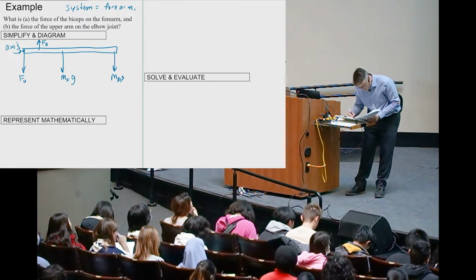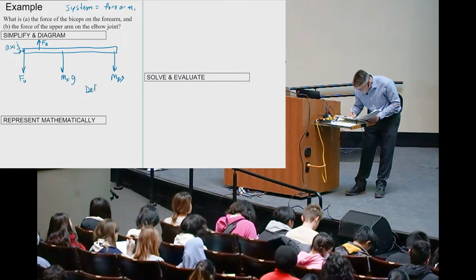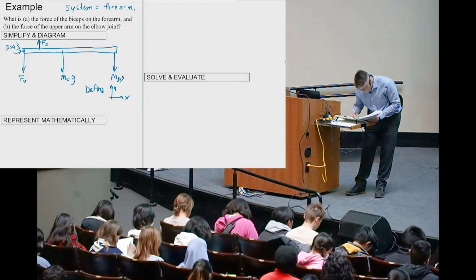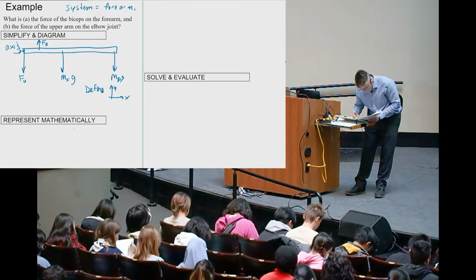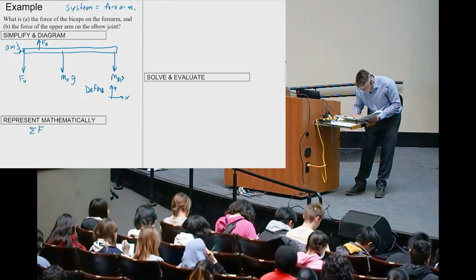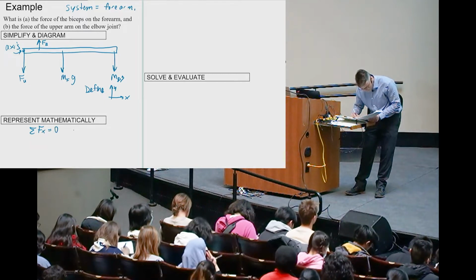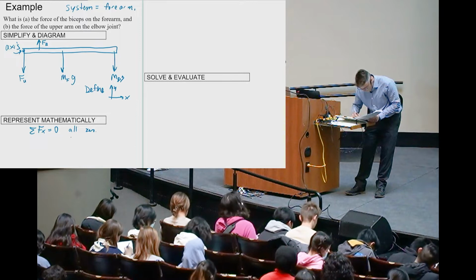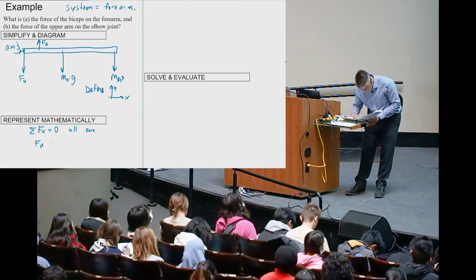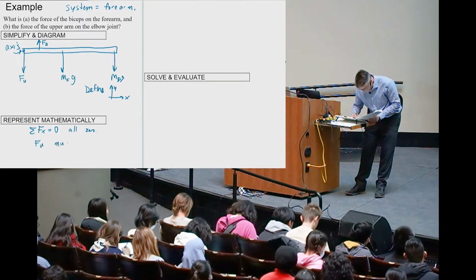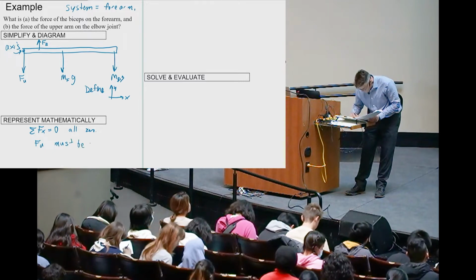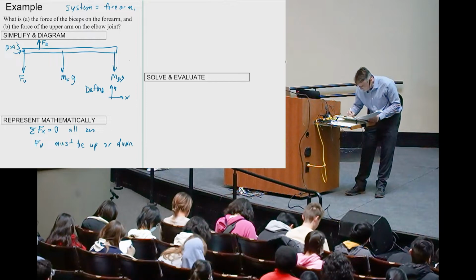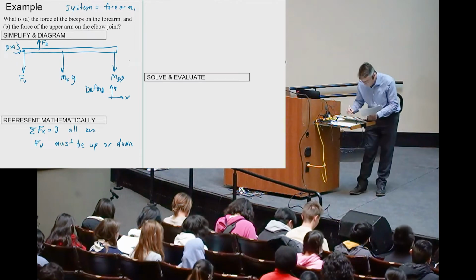And I'm going to define plus y and plus x, just in case we need those. I would just note that the forces in the x direction are all 0. Fu must be up or down, because all the other forces don't have an x component.